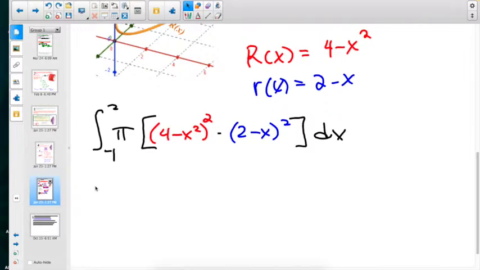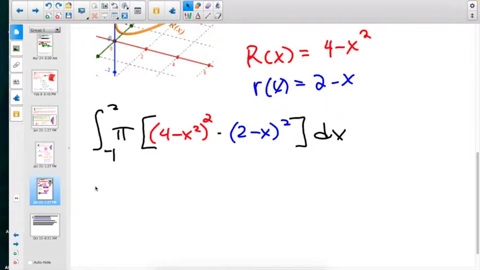So I put down a bracket, 4 minus x squared, close the bracket, hit a squared again, minus another left bracket, 2 minus x, close those brackets, hit my squared, comma x, comma negative 1, comma 2.